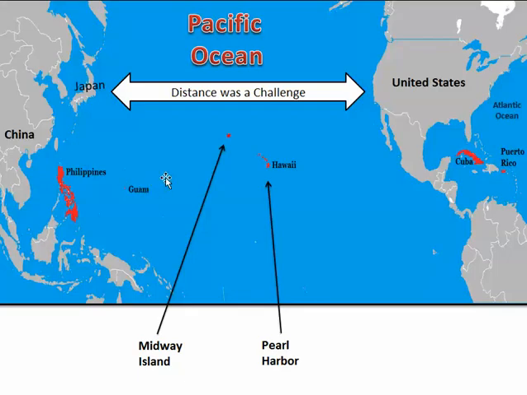Okay, and the reason why Midway, here's Midway in the Pacific. Here's the Pacific theater right here. Here's Hawaii, and here's where the Battle of Midway took place, not too far.